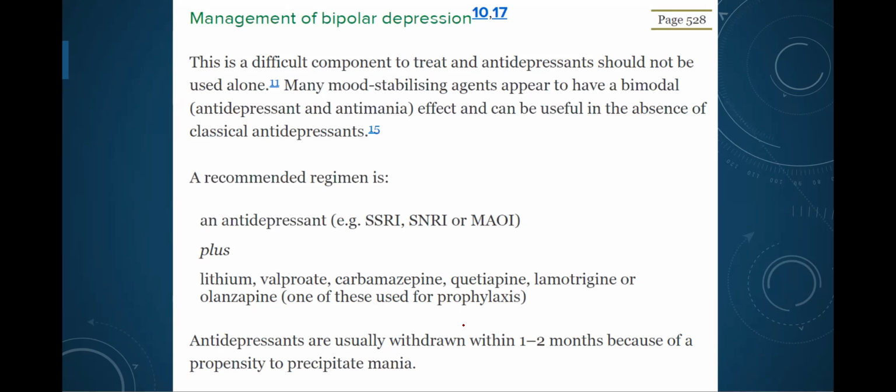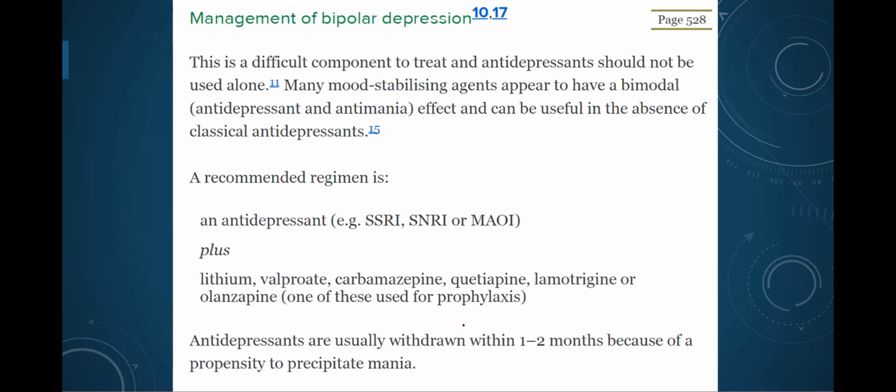Your treatment should include both antidepressant and mood stabilizers, which means antidepressant SSRI with either lithium, valproate, carbamazepine, or antipsychotics. Mainly you can continue lithium because you are giving the maintenance treatment.